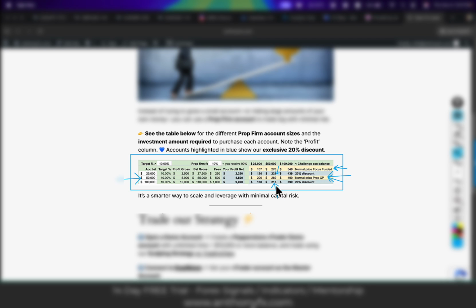For $200, here is discounted, the blue section, you can be controlling 50,000. Do the math. A 10% return on 50K, for your $200 investment, will give you $4,500. So rather than earning $20 on a $200 account, invest that in a prop firm, and when you reach your 10%, you've got $4,500. Just think about that.